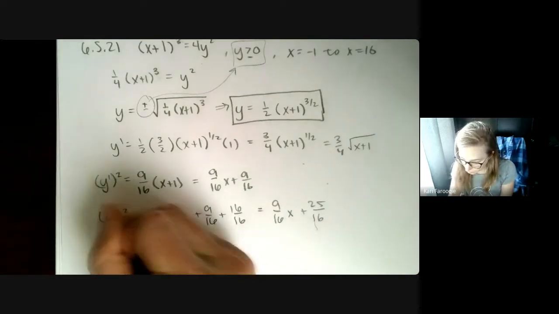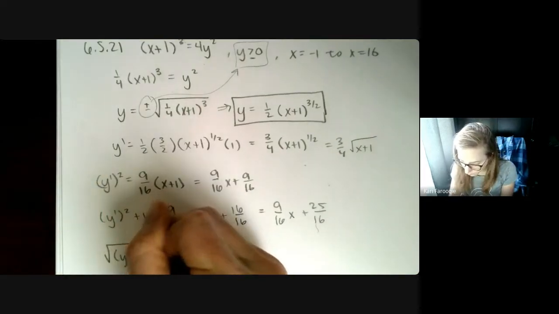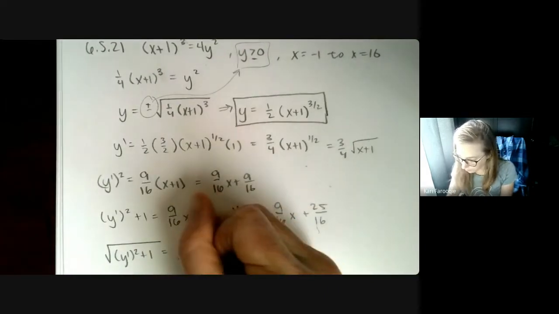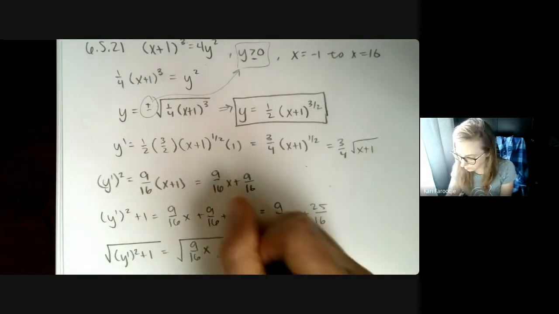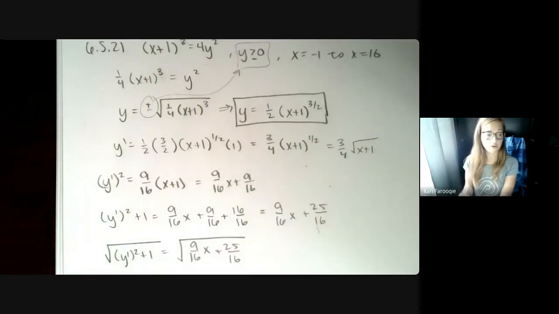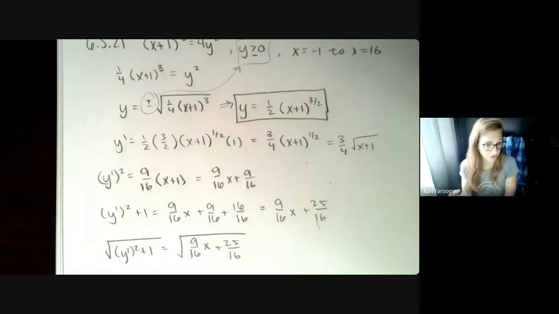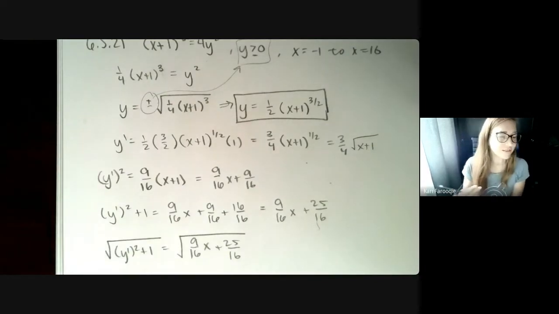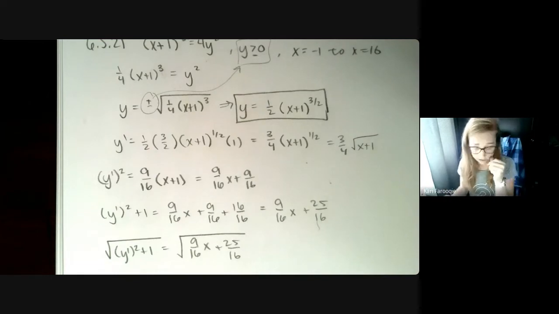All right, so the square root of y prime squared plus 1 is the square root of 9/16 x plus 25/16. Now, if you're thinking ahead and you know that you're going to put this into an integral, you can technically integrate it like this, but you might want to simplify it first so that you don't have to deal with these fractions.